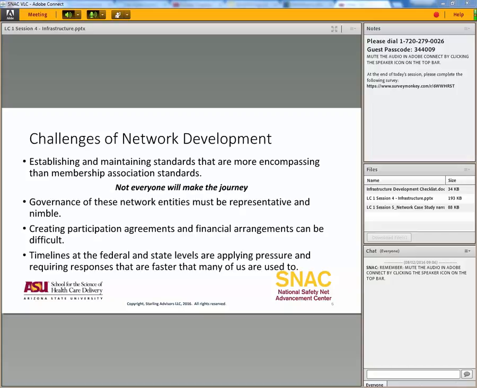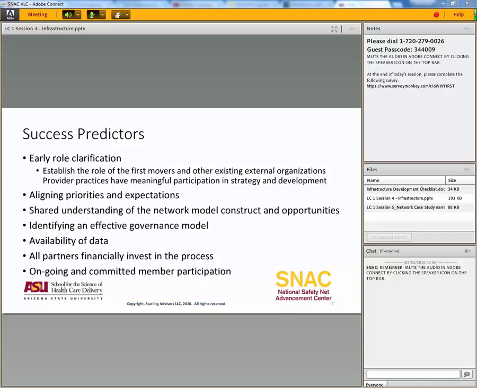So we want you to understand these concepts even if you aren't quite yet at the point of formally developing or building a network. And today we're going to talk about what lives within that network in terms of services provided either to its members or to others via contractual relationships.